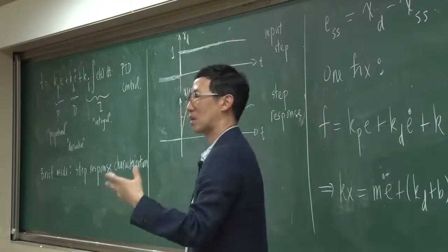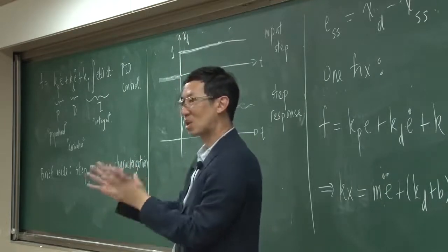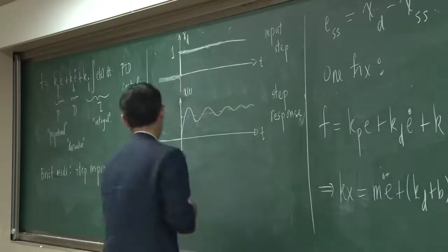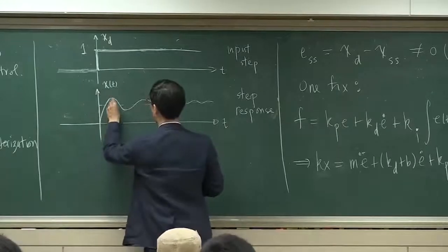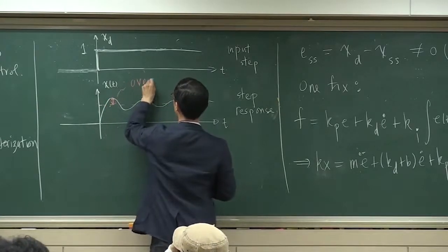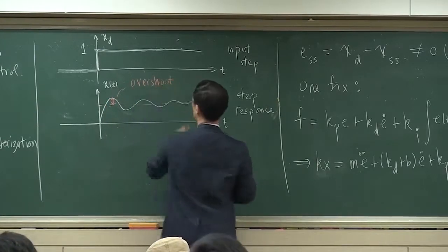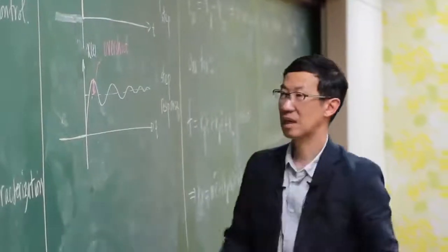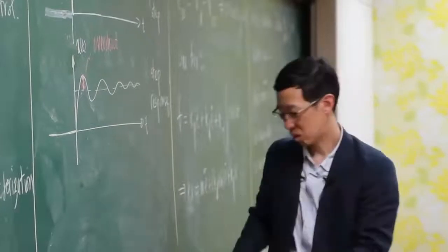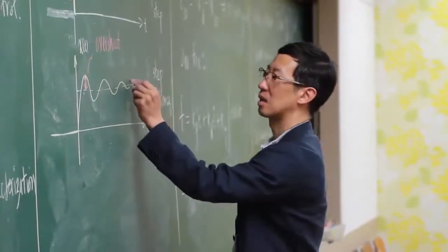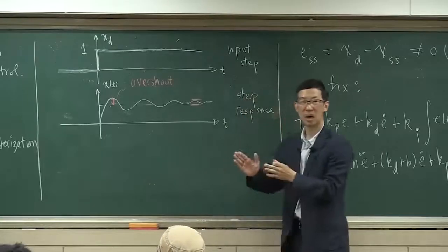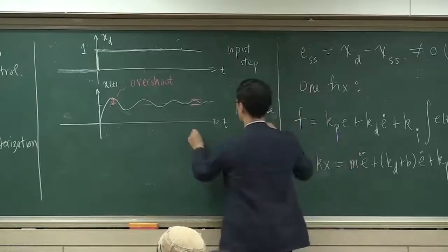And usually, to determine whether you've done a good job of choosing Kp and Kd, you look at things like this. You look at, well, how much did I overshoot here? So overshoot. And say, how long does it take to settle to within, say, plus minus 2% of the steady state value, right?